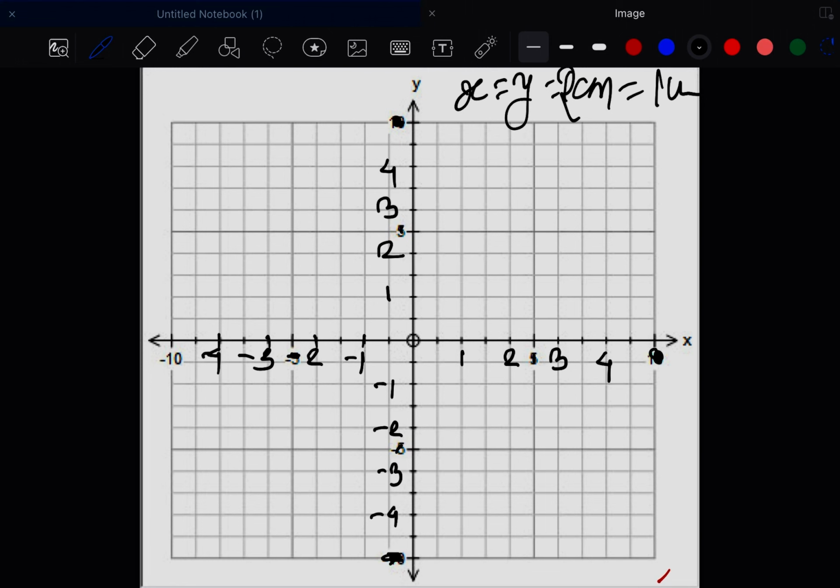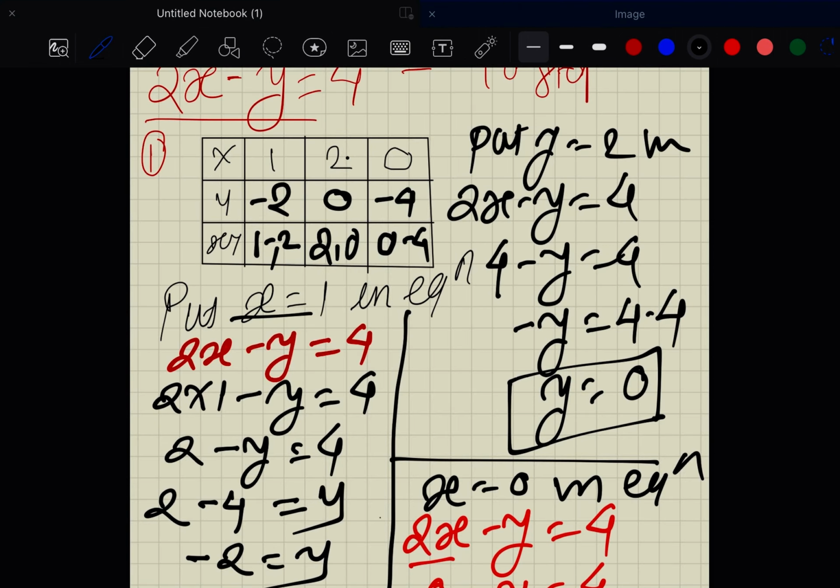Now you have to plot the graph, obviously. For the terms, 0, minus 4 is there, 2, 0, and 1, minus 2. So let's draw the graph.